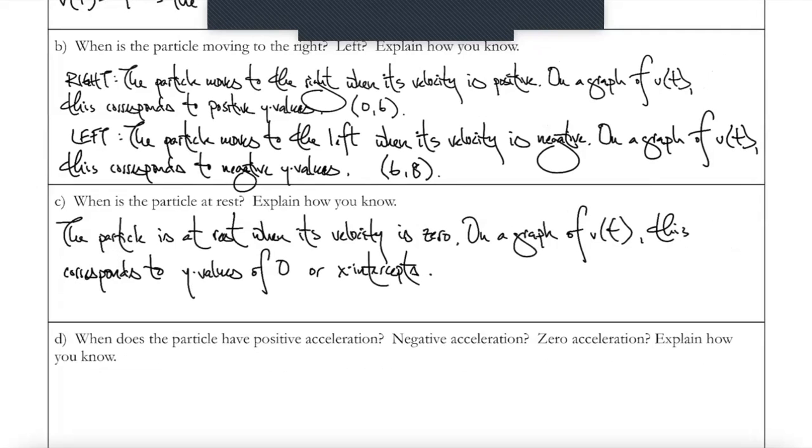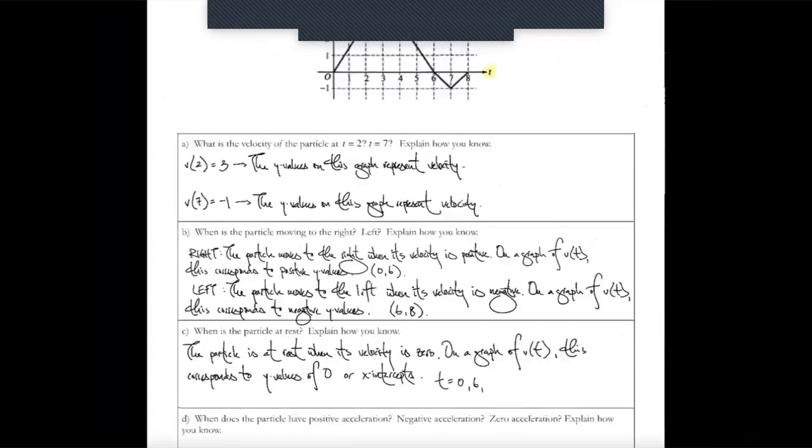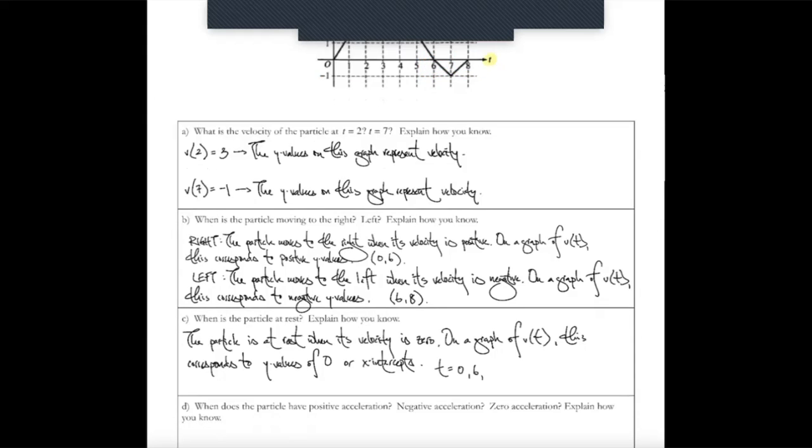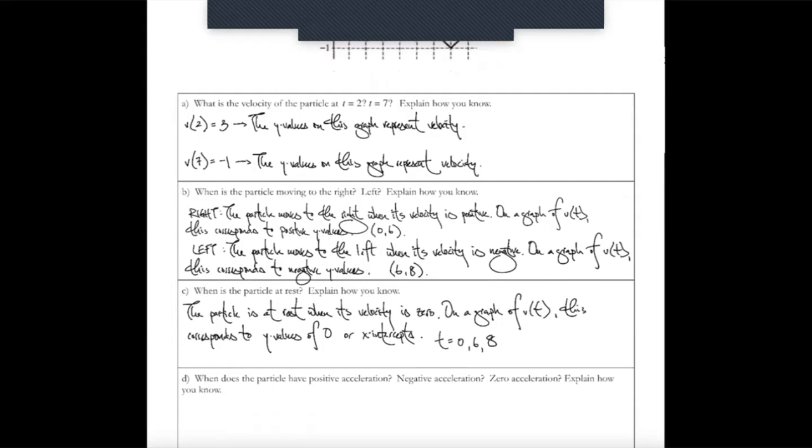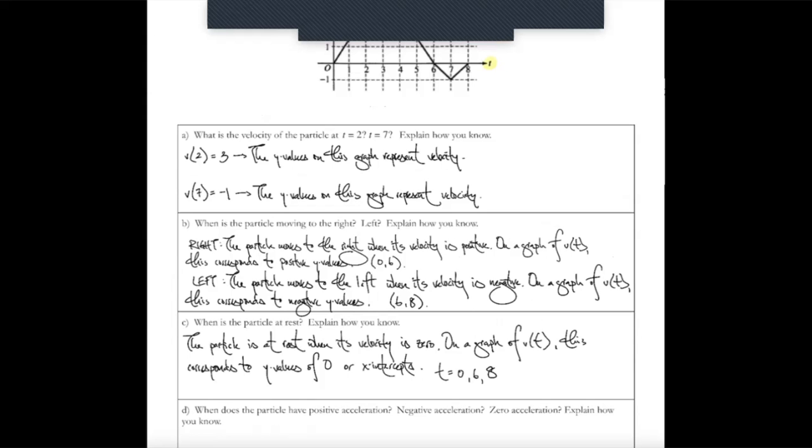And if we go back to our graph, we would see that this happens exactly where Abby was talking about earlier, 0 and 6. And then if we look, there's also one more at the end. So we have 0, we have 6, and we have 8. All right, so 0, 6, and 8. And if you're like, what would this look like on the position graph?